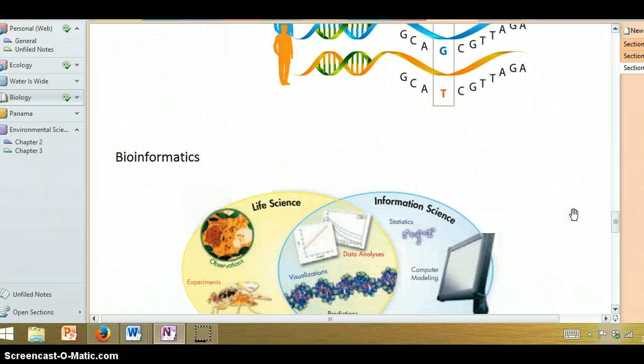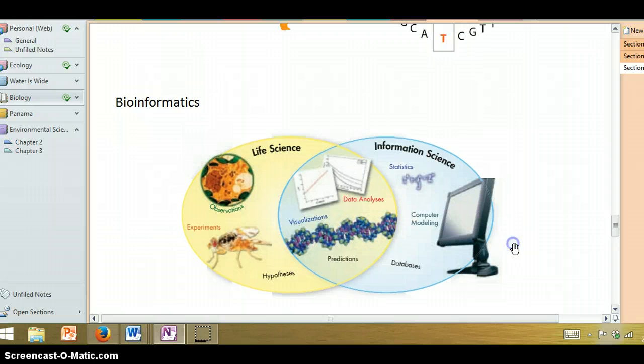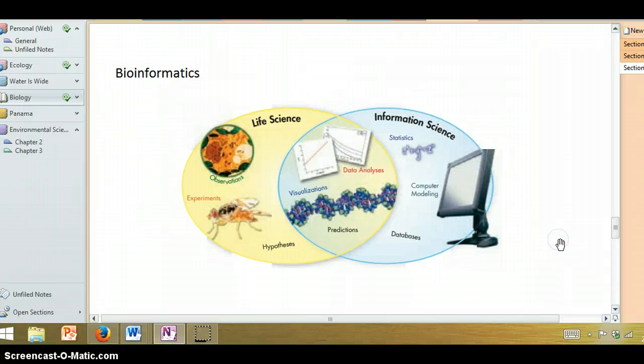Now, the field that has grown significantly with the advent of DNA sequencing technology and the generation of the human genome is what's called bioinformatics.